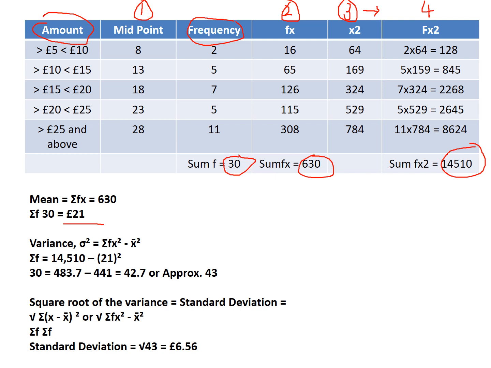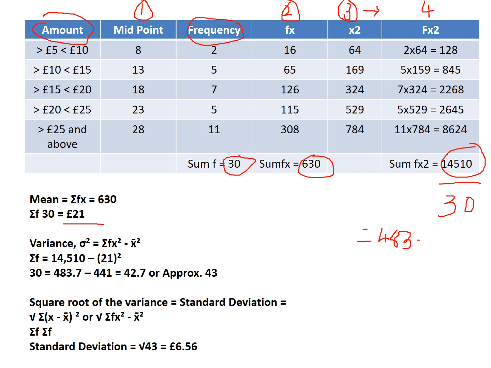Now this figure divided by 30 gave us a figure of 483, and then we minus 21 squared.